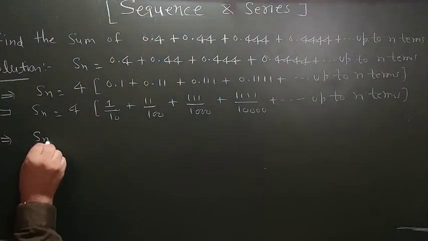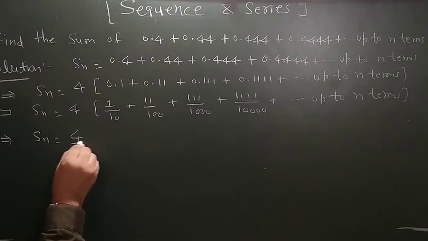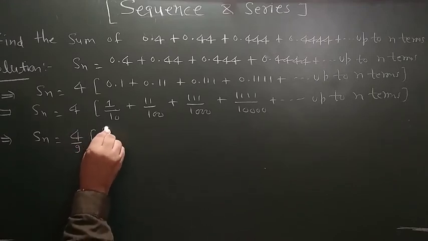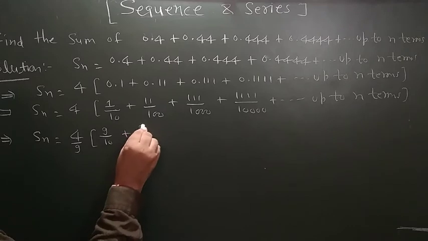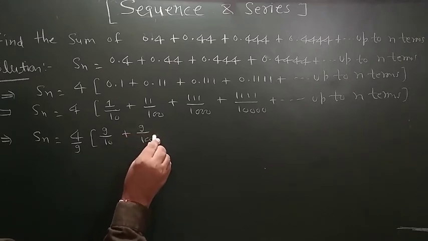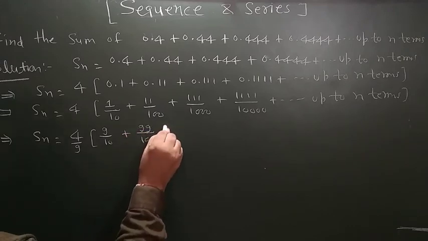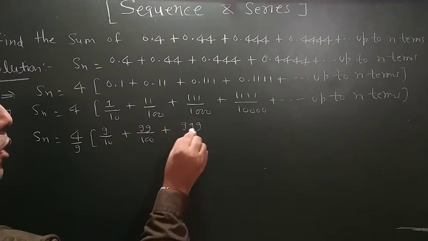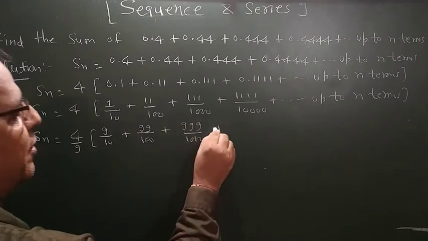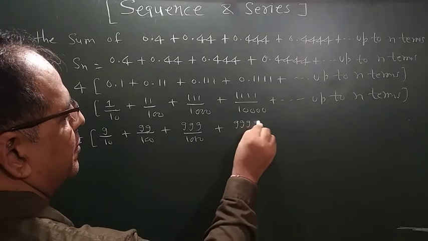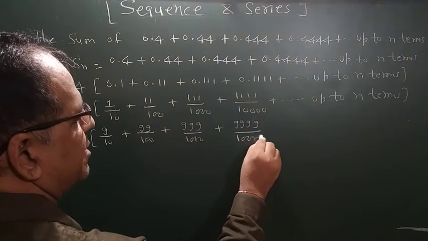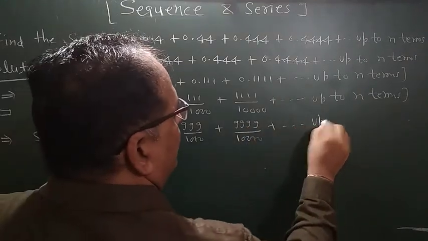Now Sn equal to, multiply and divide by 9. So this becomes 9 upon 10, 99 upon 100, 999 upon 1000, 9999 upon 10,000 up to n terms.